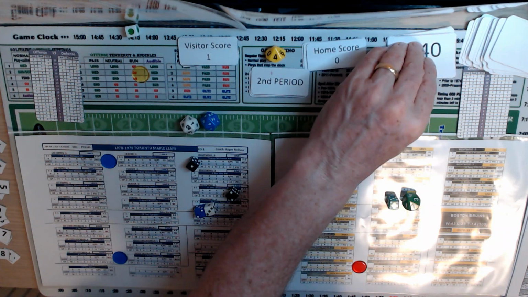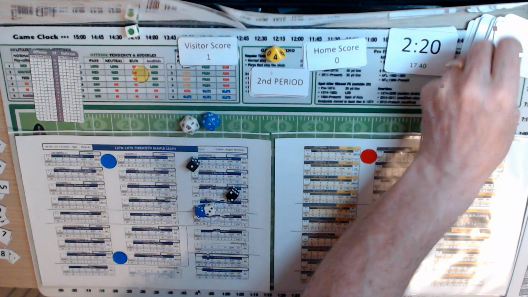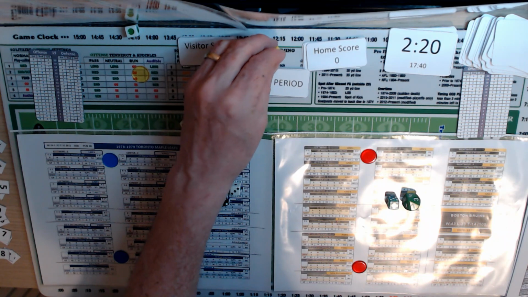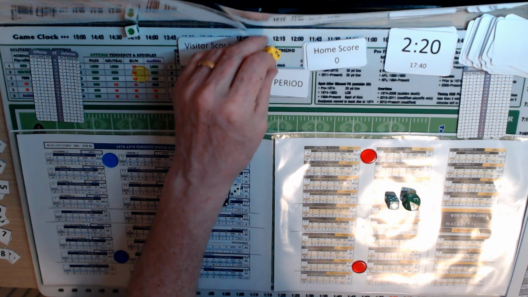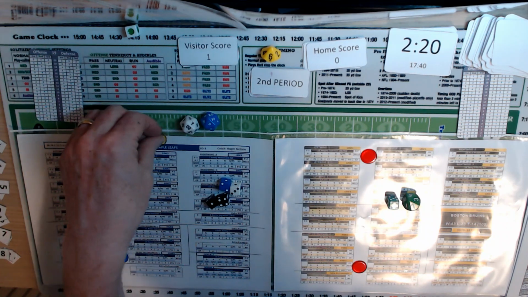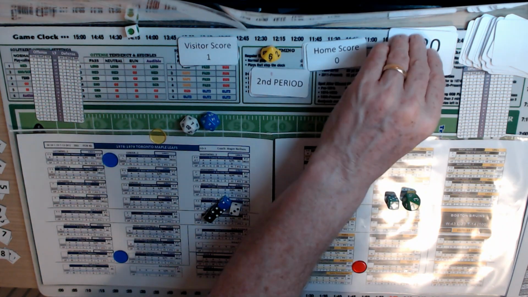No action. Hard play. Visitors, if they've got a hash, get momentum, and they have. So we're down to 2 minutes.